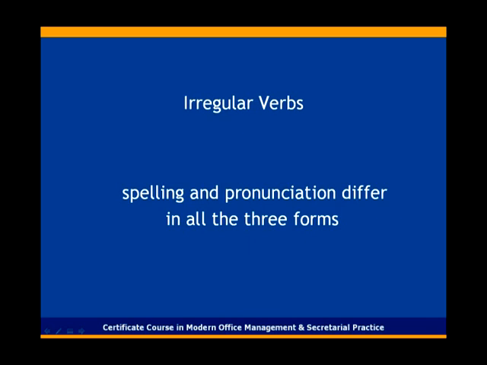The more you read, the more familiar you will get with the words, and then you will start becoming aware of them as you listen and speak the English language. There are many irregular verbs in the English language, and you will need to go through them and remember them well.